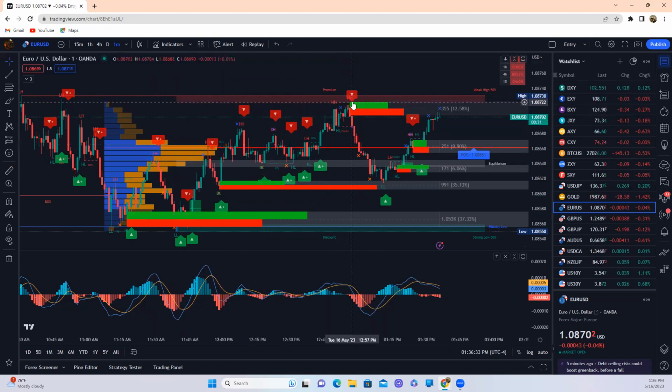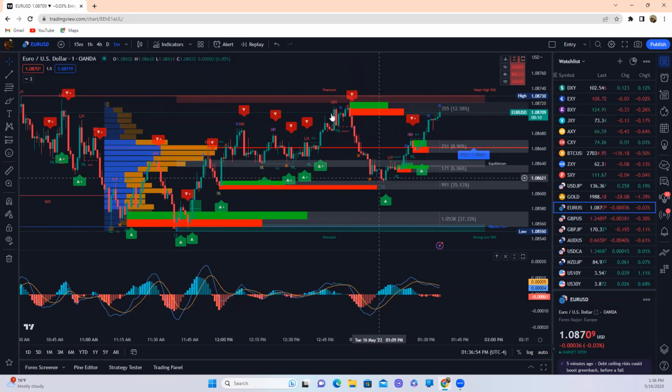And then here, this is an example of taking the signal that was off of a rejection at that high on the 15 minute. If you look at the 1245 candle on the 15 minute, this right here was the huge rejection. You see where we got the sell signal immediately and it pulled all the way back.